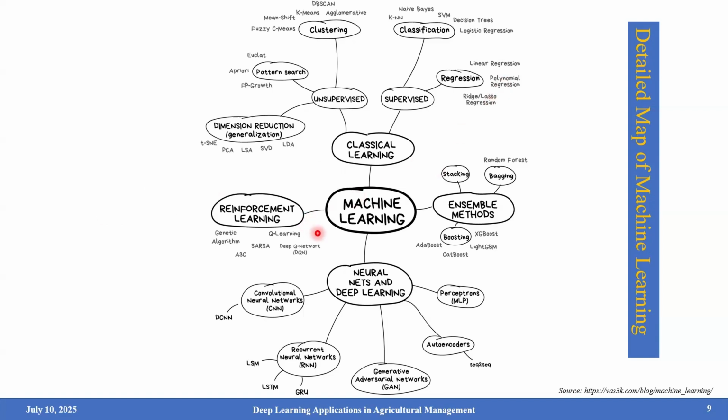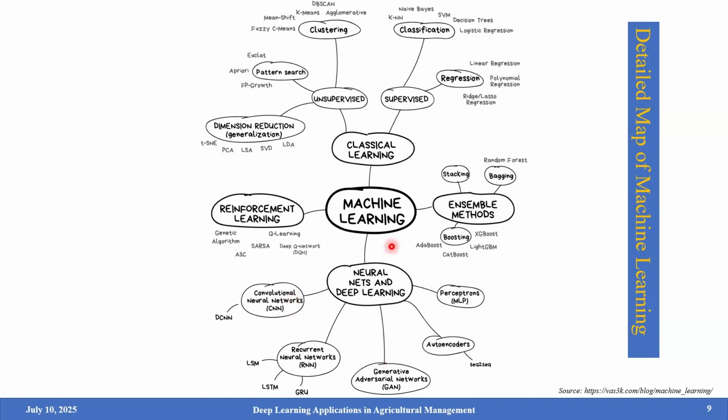And when we talk about machine learning, we can also talk about reinforcement learning, where we try to use genetic algorithms or some kind of Q-learning, etc., basically evolutionary type of algorithms. Or we can also go for ensemble methods, like stacking, bagging, or boosting. Boosting talks about AdaBoost, XGBoost, and many other boosting algorithms. They are also pretty good when we talk about ensemble methods for machine learning.